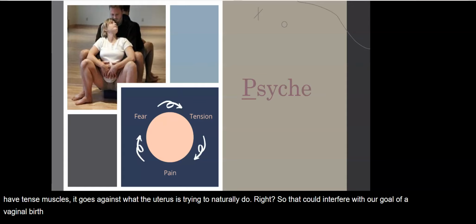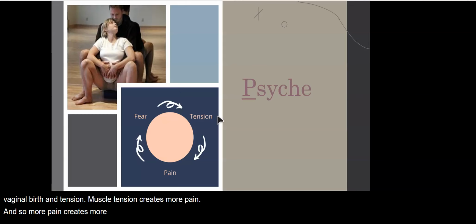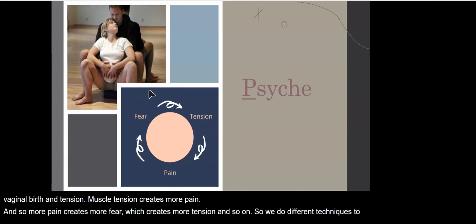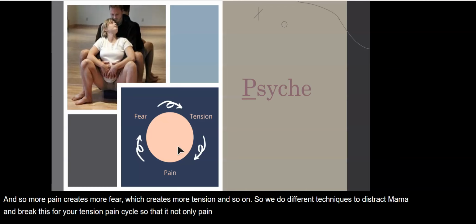And muscle tension creates more pain. And so more pain creates more fear, which creates more tension, and so on. So we do different techniques to distract mama and break this fear, tension, pain cycle so that not only will pain be reduced, but we have that optimal outcome of a vaginal birth.